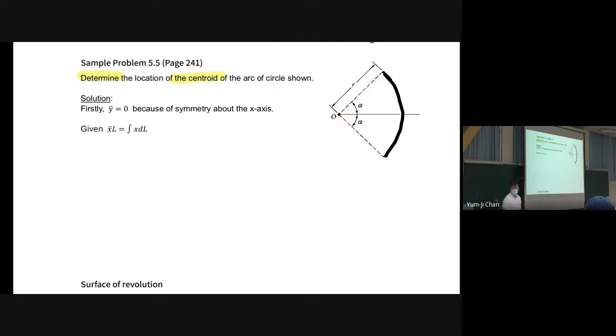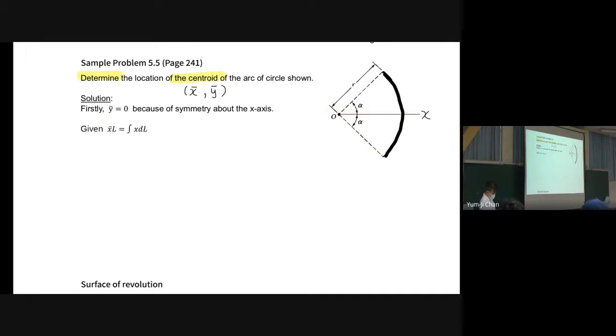Of course, the centroid should have an answer like x bar and y bar, right? Centroid is a point. But we know that y bar is equal to 0 because it is symmetric about the x-axis.